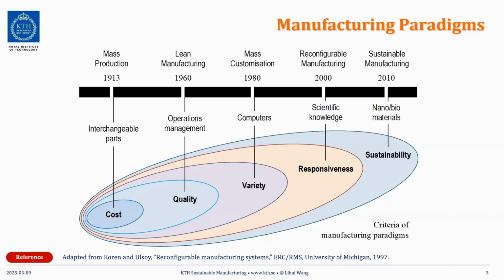One thing you can observe here is that this bubble is getting bigger and bigger. The problem is also getting more and more complicated. In order to address sustainability, we cannot forget all the other objectives. They need to be addressed and satisfied at the same time. How to do that?